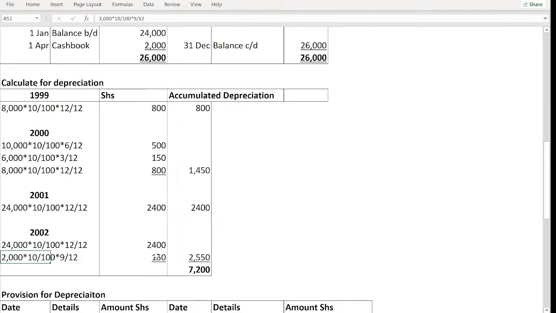So we shall get 150. We add to get 2,550. So the total accumulated depreciation will be 7,200. So this is all about the calculated depreciation.